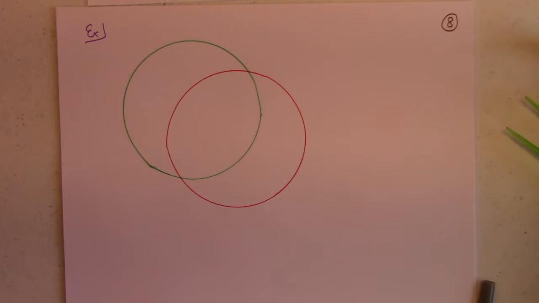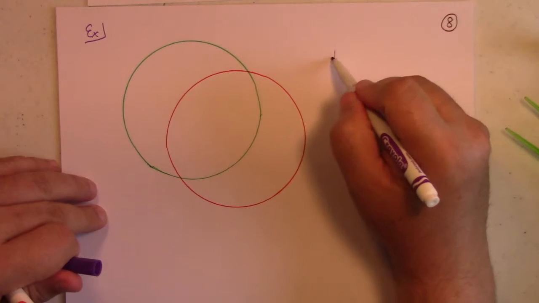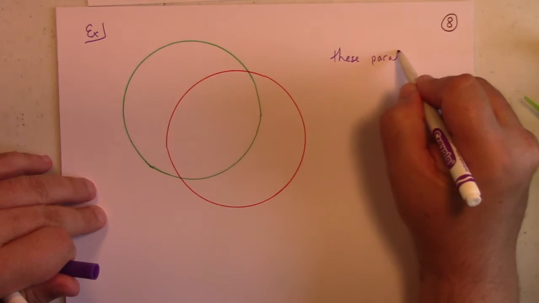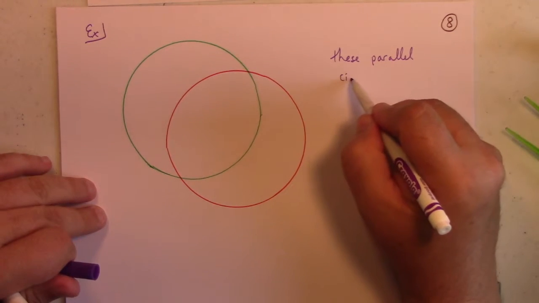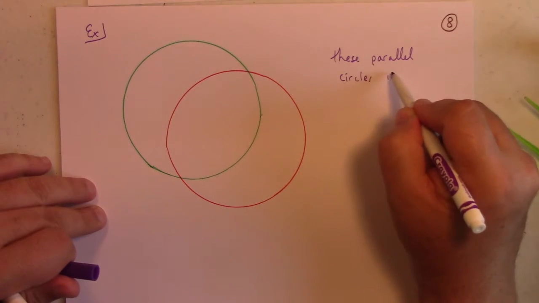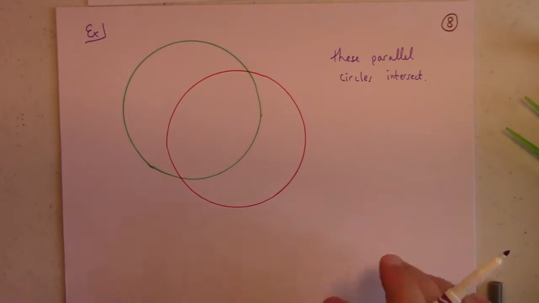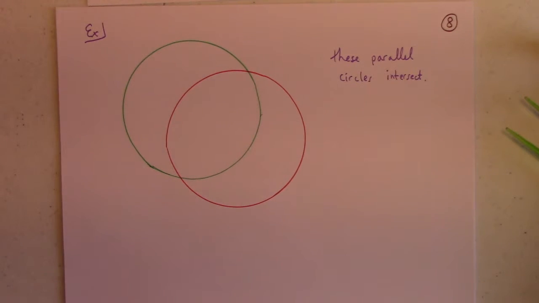So these parallel circles intersect. So we can have parallel curves intersecting in Euclidean space. So that's perhaps new.